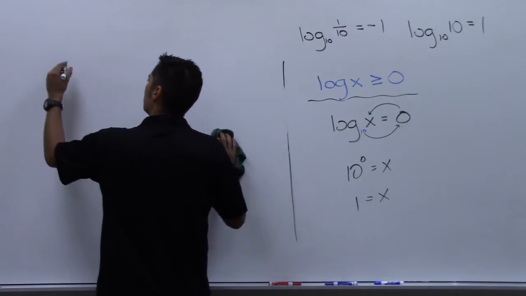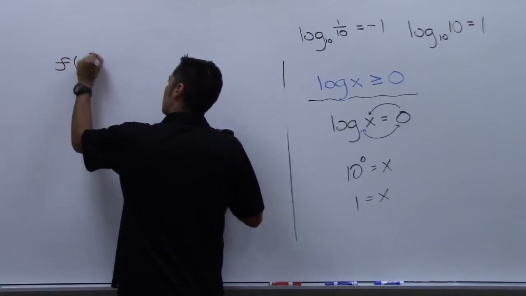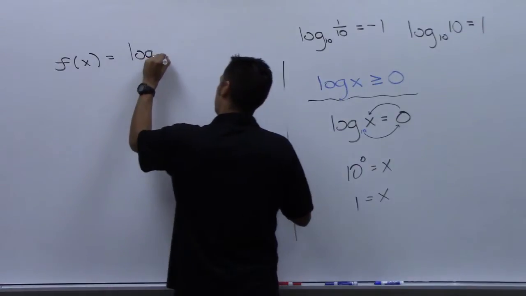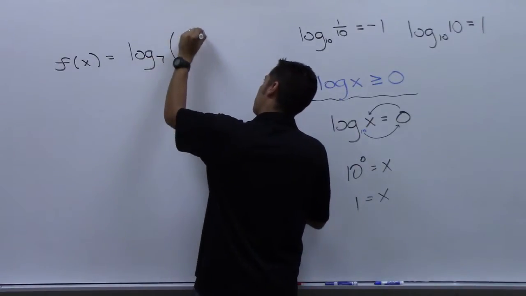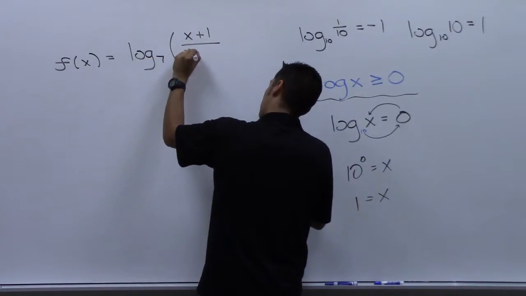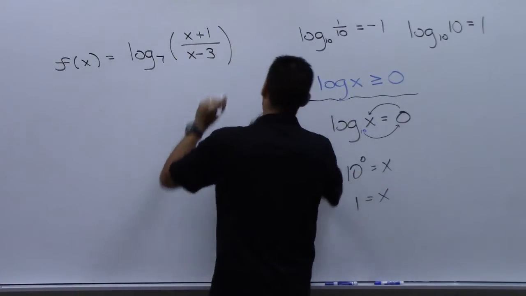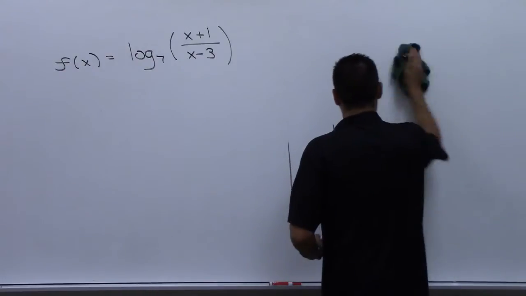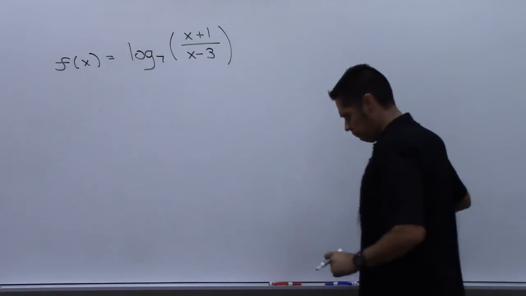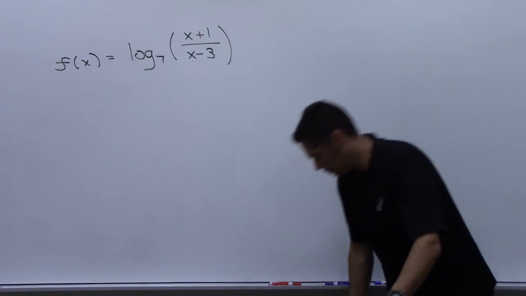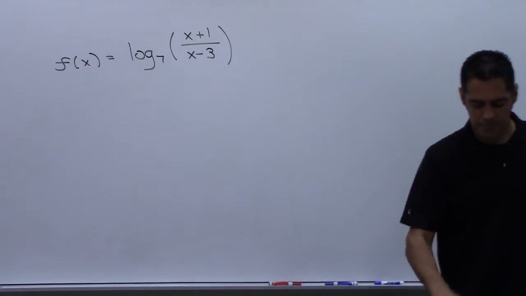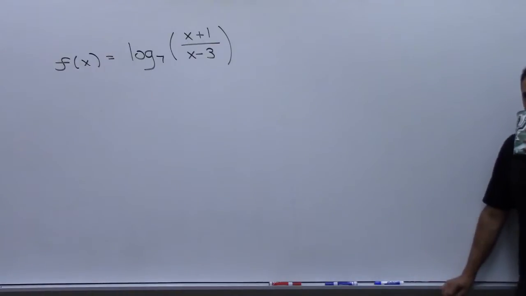How about find the domain of f of x equals log base 7 of x plus 1 over x minus 3. Can you split it into 2 logs?